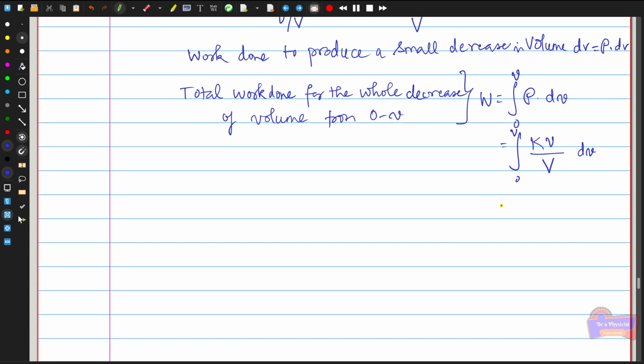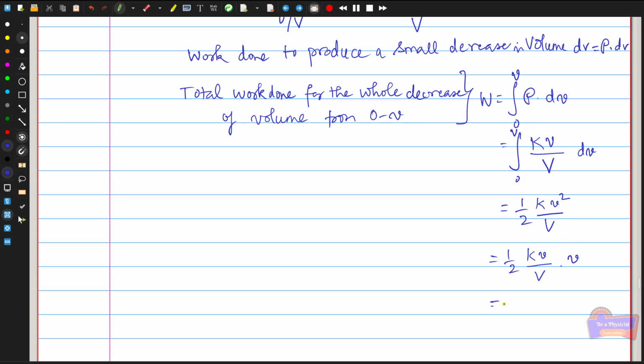So we will get half of K v divided by V, that is v squared by 2, so I can write it as half K v squared by V, or again as half of K v divided by V into v.